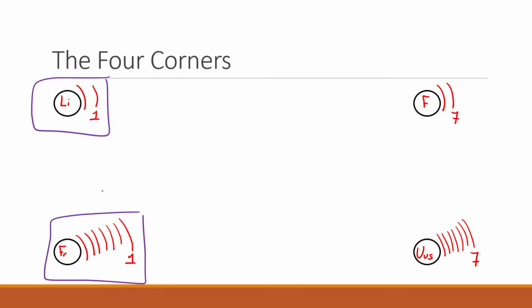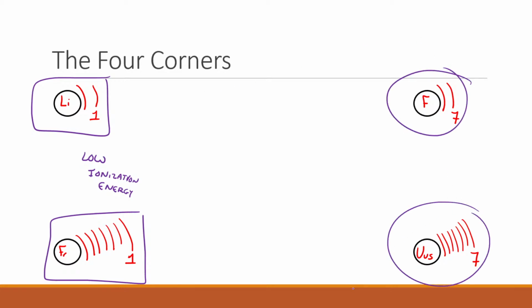So these two are going to have low ionization energy. It is not going to take a lot of energy in order to remove these two elements' valence electrons. On the other hand, fluorine and ununseptium over here have 7 valence electrons.